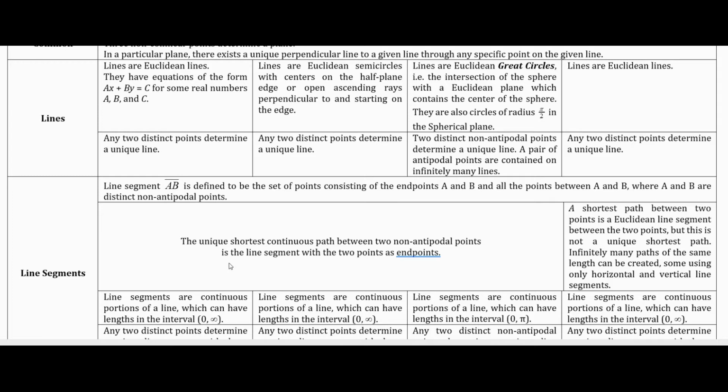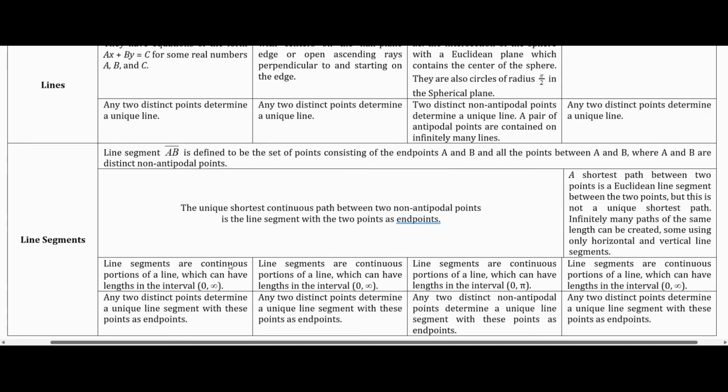In taxicab geometry, it's one of the shortest paths. A shortest path between two points is the Euclidean line segment between the two points, but it's not the unique shortest path. Infinitely many paths of the same length can be created, some of them using only horizontal and vertical line segments, but using all kinds of different paths, we can make paths of equal length as measured by the taxicab metric.